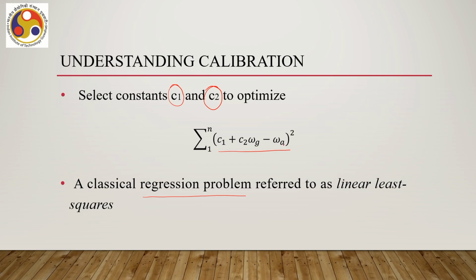So, the square term of C1 plus C2 Wg minus Wa, this we are trying to optimize. This is a classical regression problem, which is referred to as linear least squares. This is only one of the many techniques that are there. Again, we are referring to these simple techniques for the sake of simplicity.